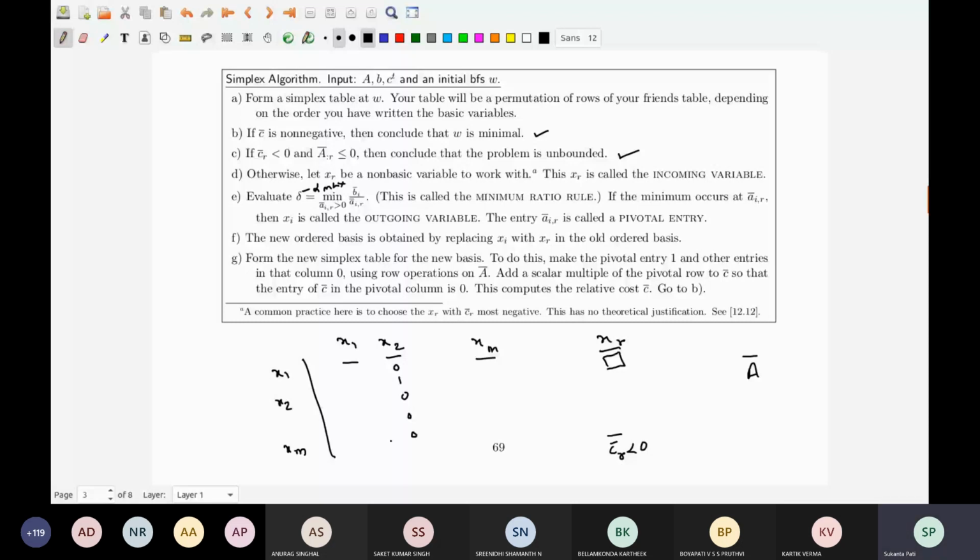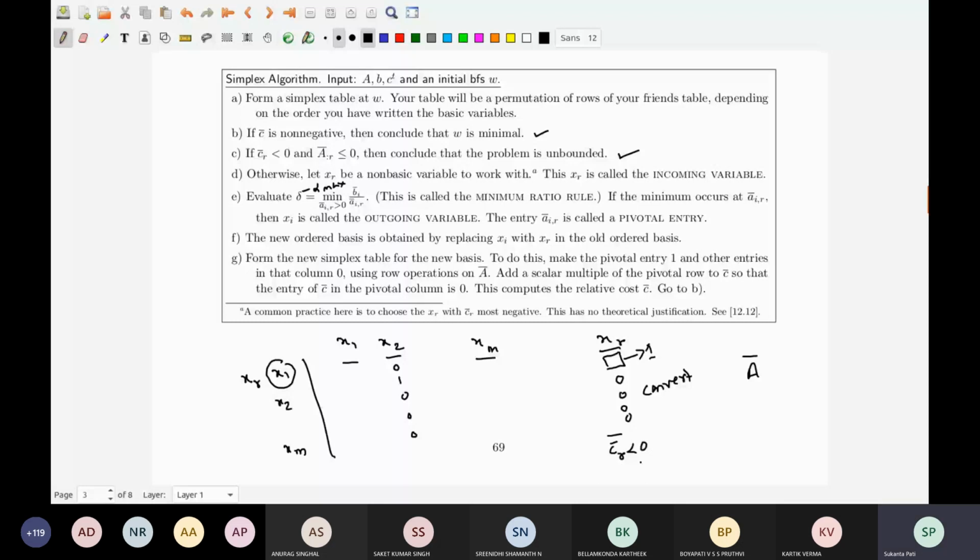So here to get the next table, what you do, instead of x1 you write xr in that place and just convert this one to 1, the pivotal entry to 1, and the rest of the entries over here to 0. This conversion you have to do, so that this is the minimum operation that you do, and also change this to 0.